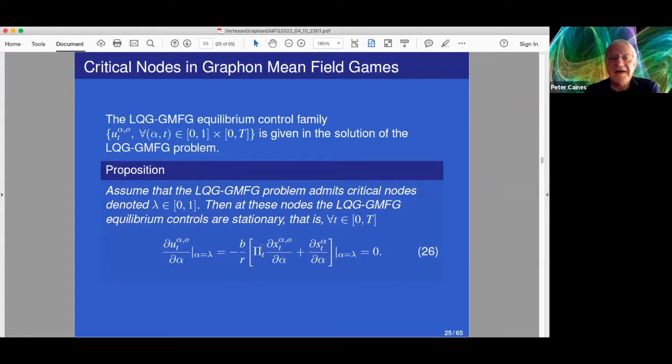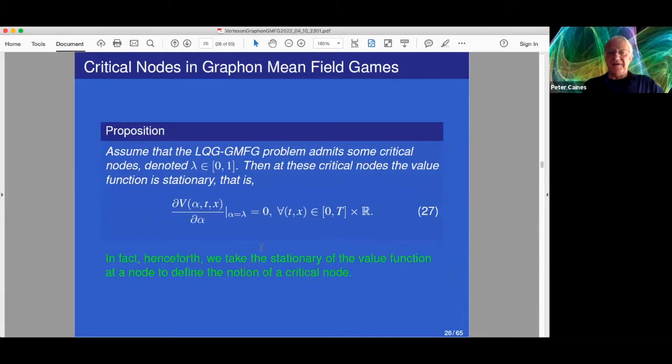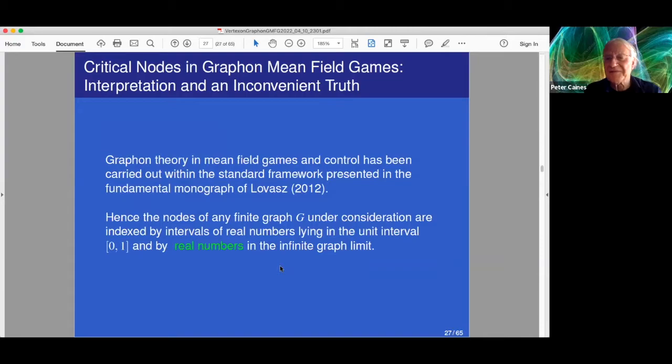This goes on, and it turns out that with that definition of a critical node, the controls are also stationary with respect to your alpha index, and indeed your Nash value will be stationary with respect to alpha if the node is critical by the definition we've just given. Henceforth, we take the more general notion that stationarity of the value function at a node is what defines criticality. Okay. Right. So now, however, there's a problem.